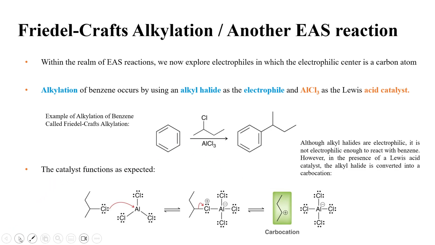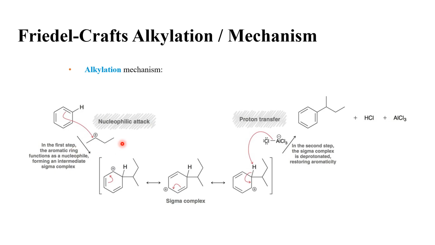Just to show you what that looks like, now that you've generated your carbocation from your alkyl halide, facilitated by the Lewis acid catalyst, you have your benzene behave as a nucleophile. Same process: you form your sigma complex and restore aromaticity.